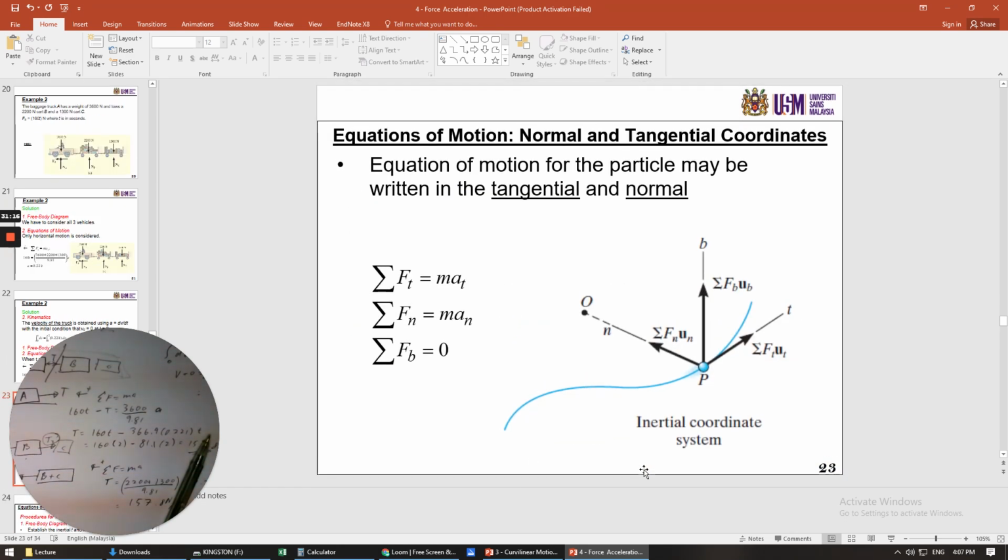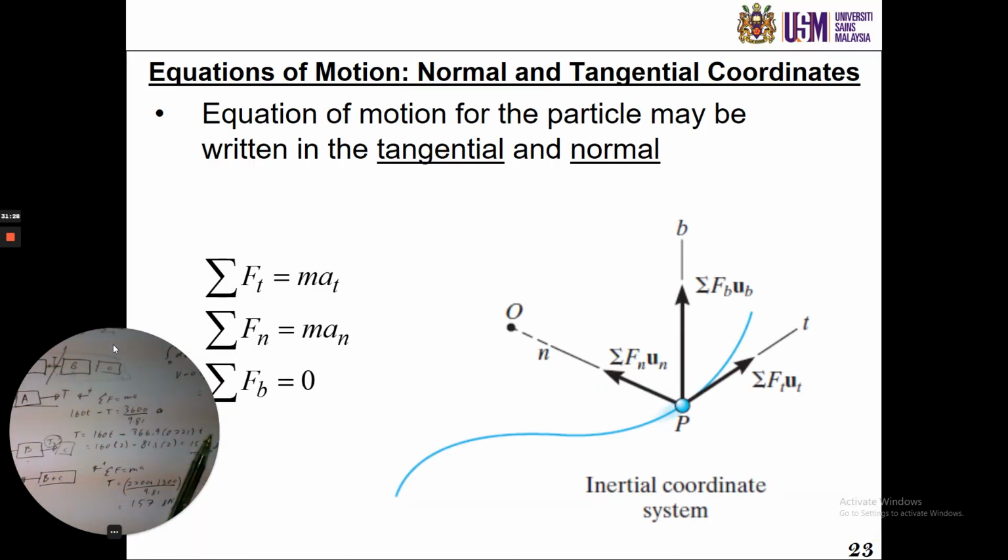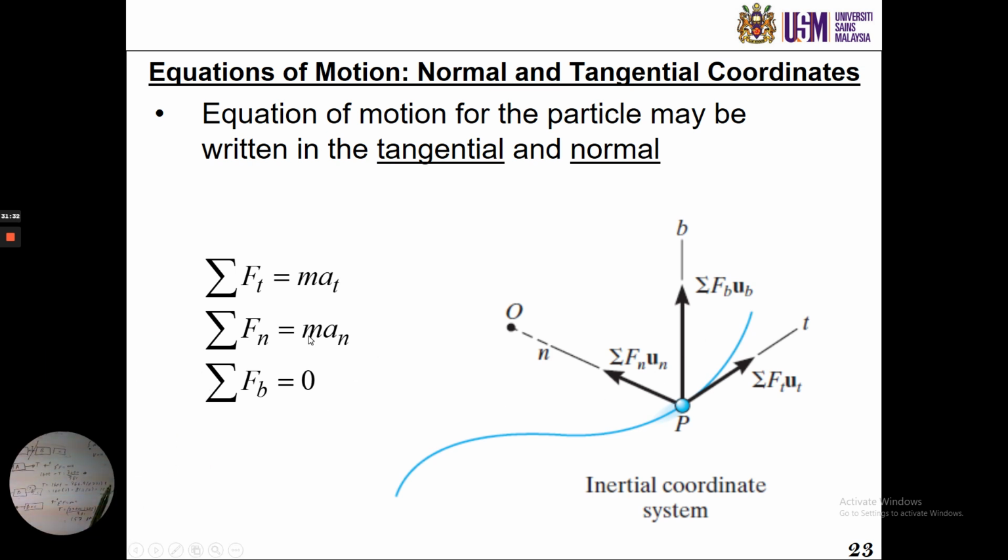All right, so let's move on to the normal and tangential coordinates for the equation of motion. Right here we have a similar case to the rectangular coordinate system, where we have three components as well: Ft, Fn, and Fb.